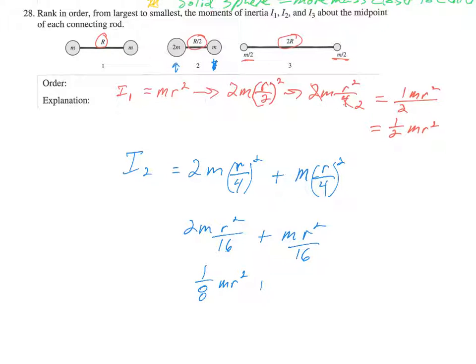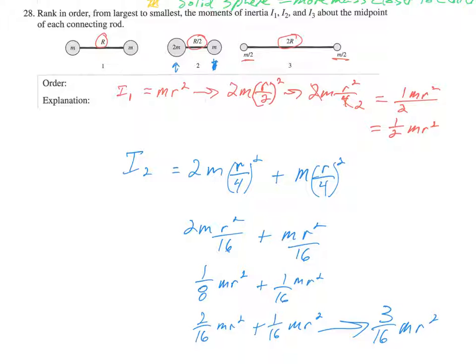This is 1/16 mr squared. And if I remember elementary school, 1/8 is 2/16 mr squared plus 1/16 mr squared, which turns into 3/16 mr squared. Boy, that was fun with a capital PH.